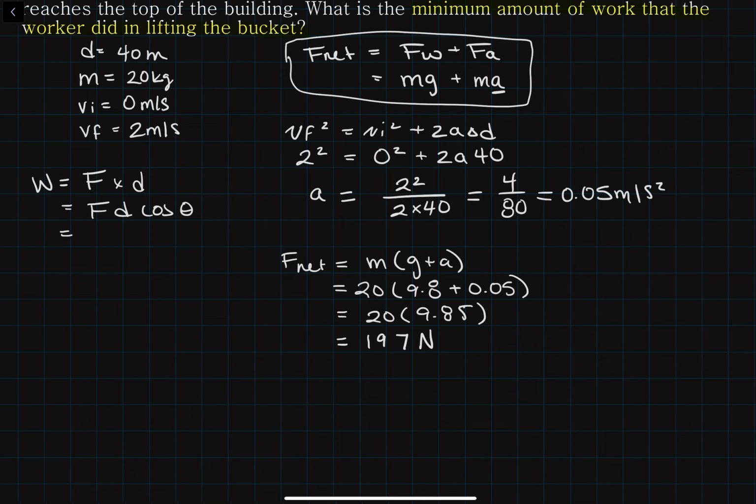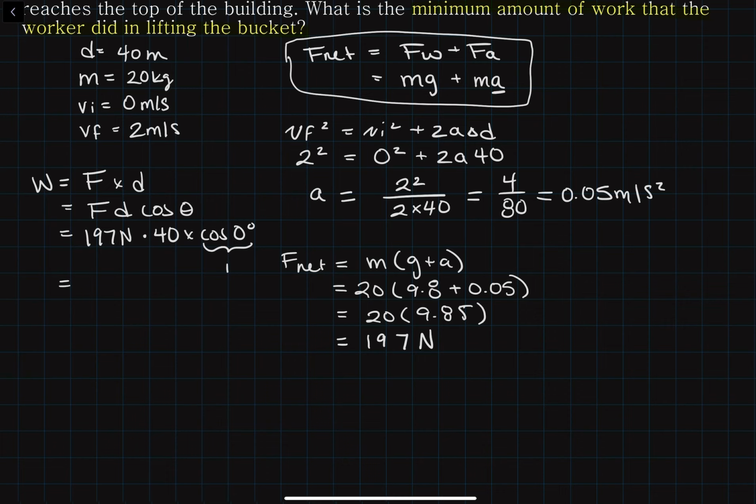So it's going to be our force, which is 197 newtons, times our distance, which is 40, and then all that times cos of 0 degrees, which is going to be just 1. So it's actually just equal to 197 times 40.